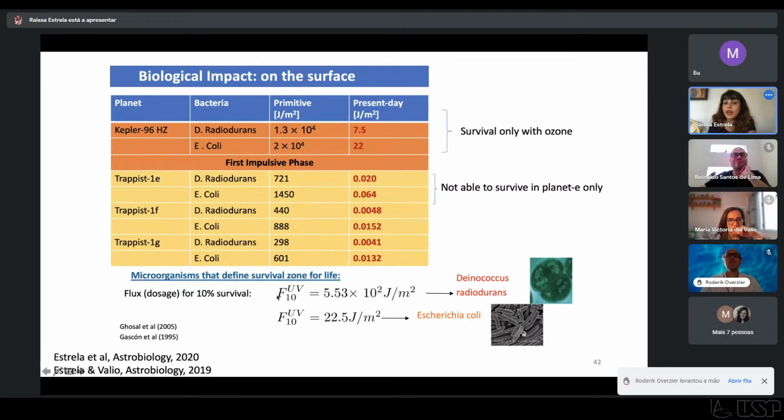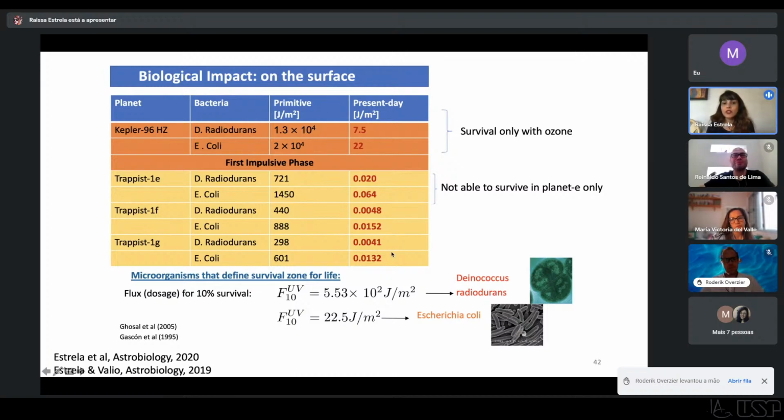Here you have 553 joules per meter square, while Escherichia coli survives only 22 joules per meter square. So we took this one because it's way stronger. It can survive more UV hazardous environments, while Escherichia coli is like a normal bacteria that lives in our gut. It can't survive this extreme environment. So we could compare both and see how they would deal in these worlds that have superflares.